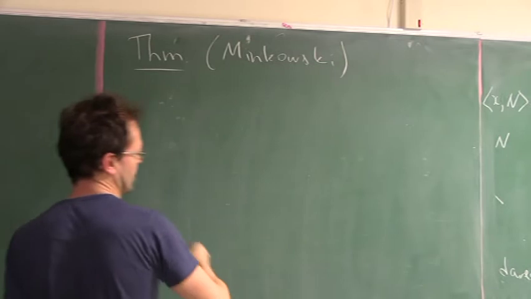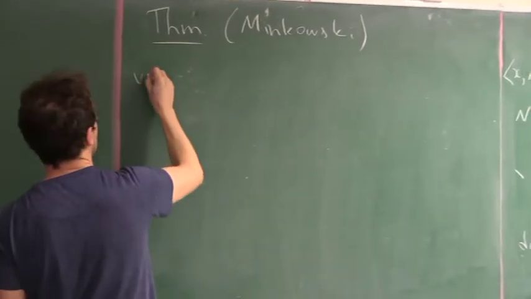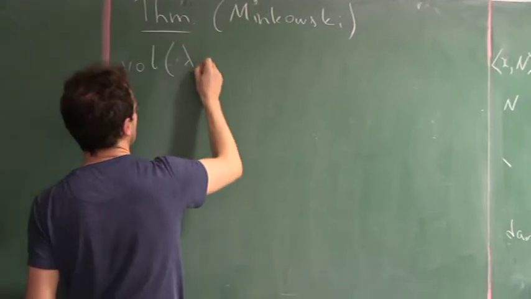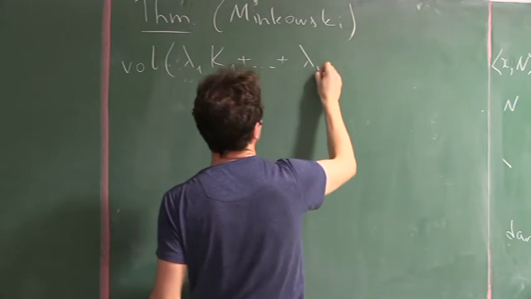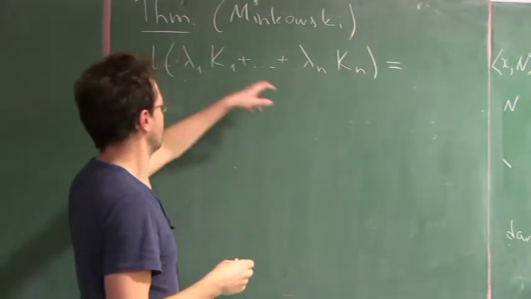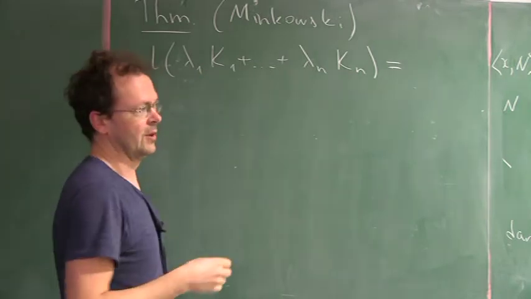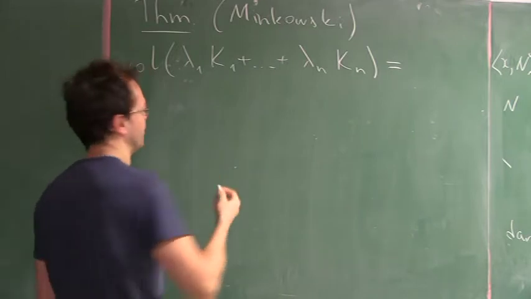And it says that the volume of this linear combination is a polynomial in the coefficients of the combination. Namely, it is a homogeneous polynomial of degree d.